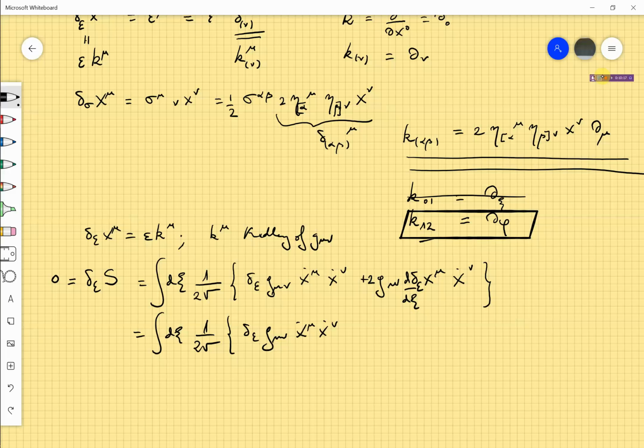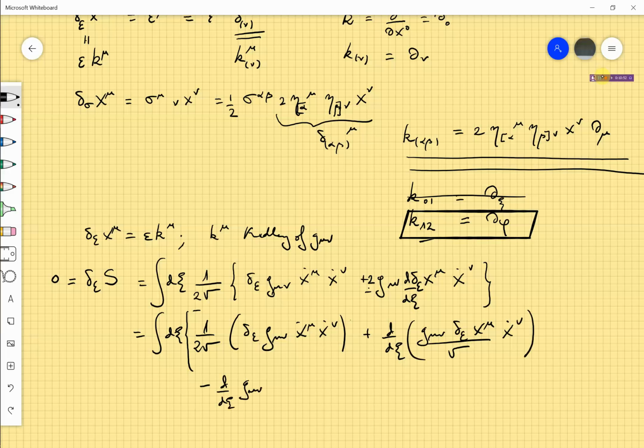All I know is that I have this term. Let me do it. I have a term which is the total derivative, and this factor of 2 cancels the factor of 2, and I have d mu nu delta epsilon x mu divided by this square root, and x dot nu, this is the total derivative. And then I have a term which will be minus the psi, and then d mu nu x dot nu divided by this square root, and this delta epsilon x mu.